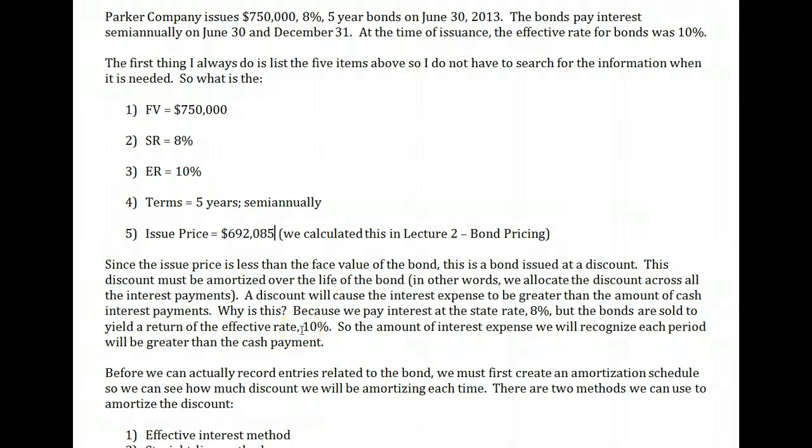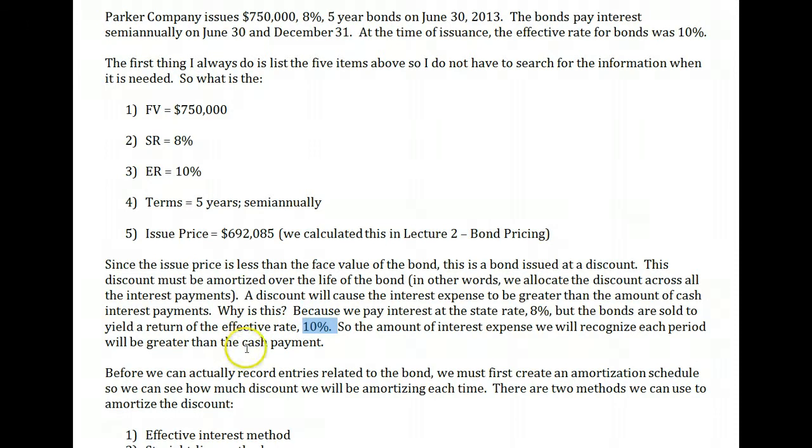Now again, we can't touch the 8%. The 8% is the amount of cash we have to pay each year on this bond. So where do we have the ability to change? Well, we have the ability to alter the issue price so that we can yield 10% to our investors. So what does that mean? Even though we pay cash every 6 months at the 8% stated rate, or 4%, we must record expense that would show a total return over the life of 10%.